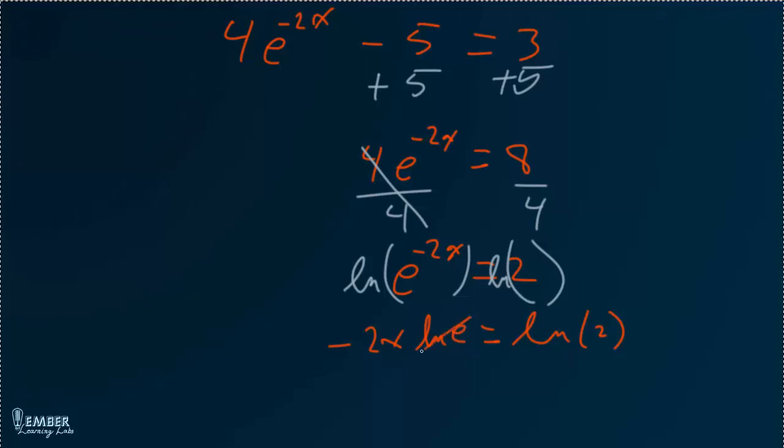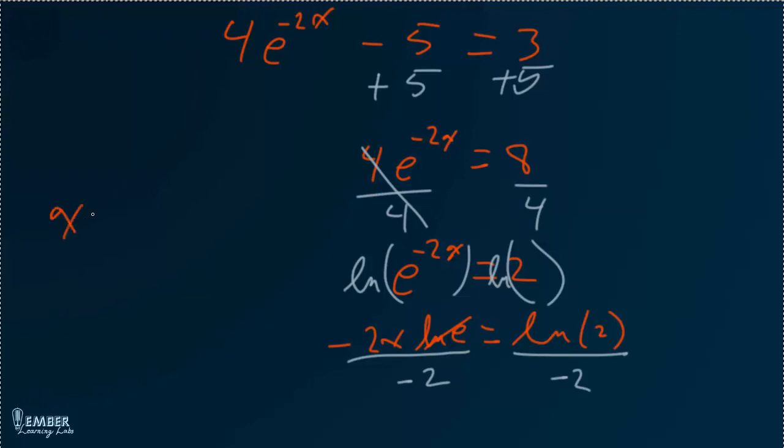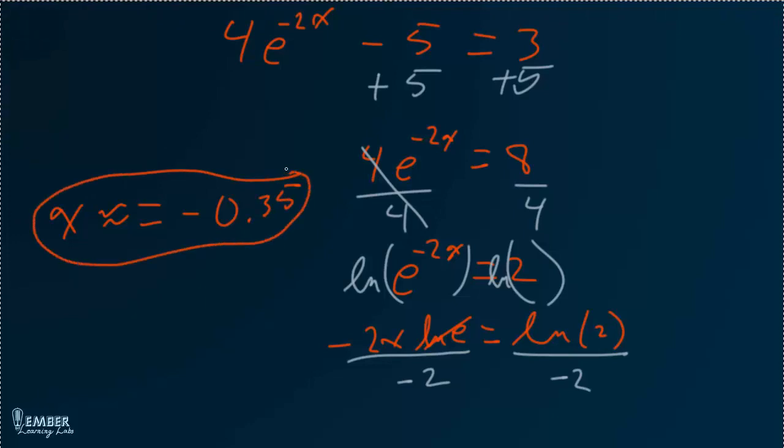While we're doing things, we can divide off that negative 2. So the natural log of 2 divided by negative 2, you can just chuck that in your calculator, and you end up with x being approximately equal to negative 35 hundredths. And that, my friends, is all she wrote on that problem.